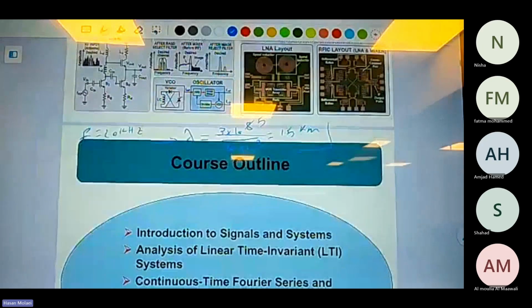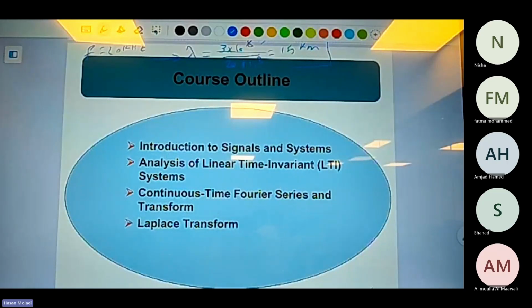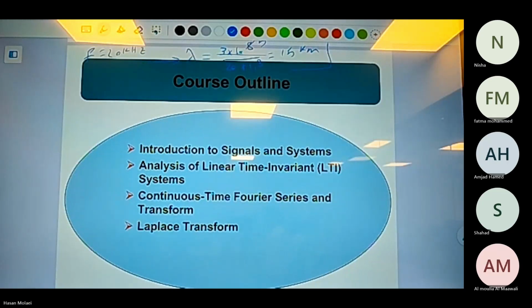Okay, let's go to the next part. That was why we needed to study signals and systems. The material we will cover is only continuous time; we are not dealing with discrete time.